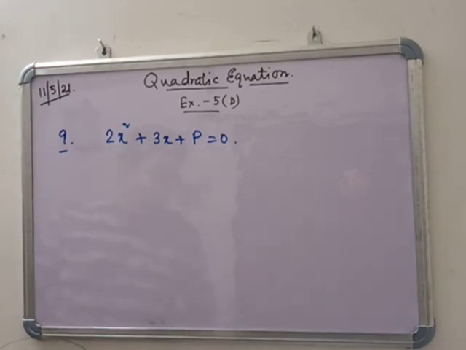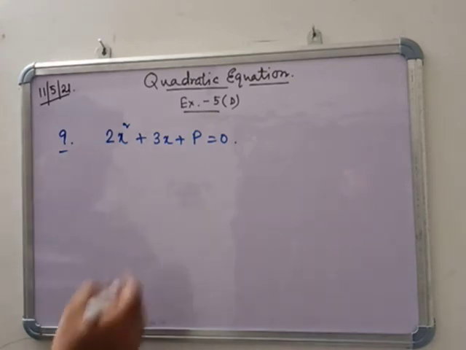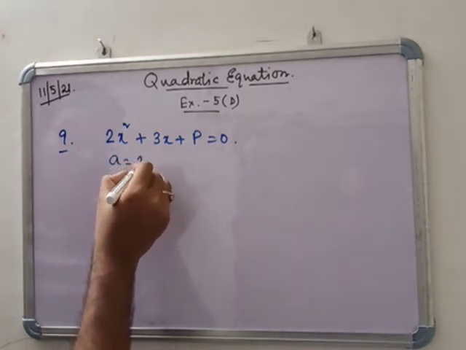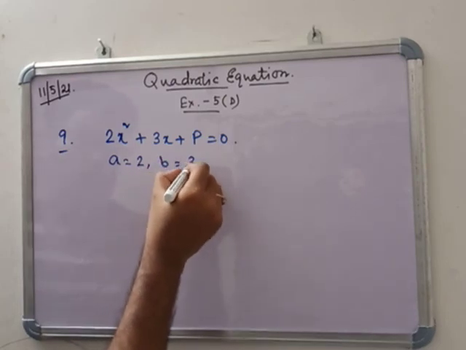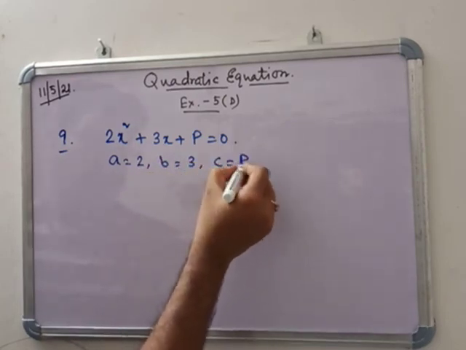So real roots means greater than equals to 0. Same process. So comparing with the equation ax square plus bx plus c, we get a equals to 2, b equals to 3, c equals to p.